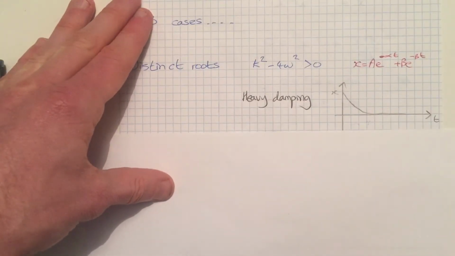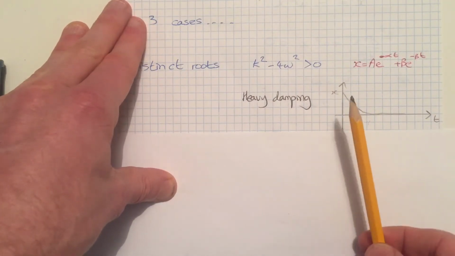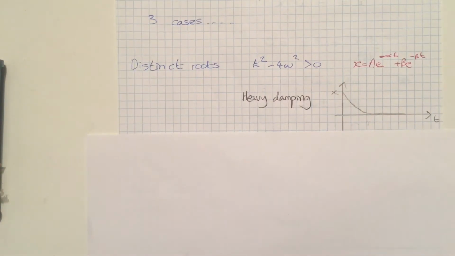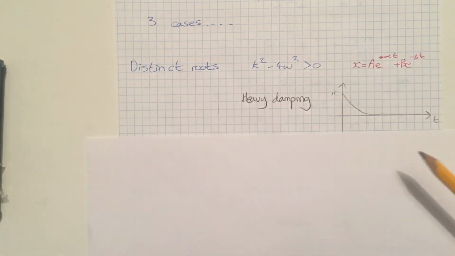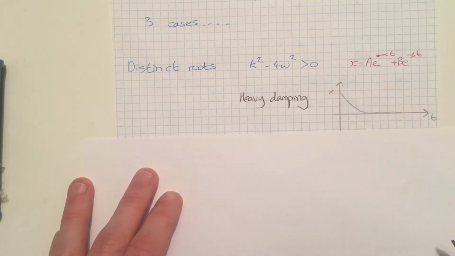In that case, we would call it heavy damping, and there would be no oscillation whatsoever. The system would just go straight to its equilibrium position.